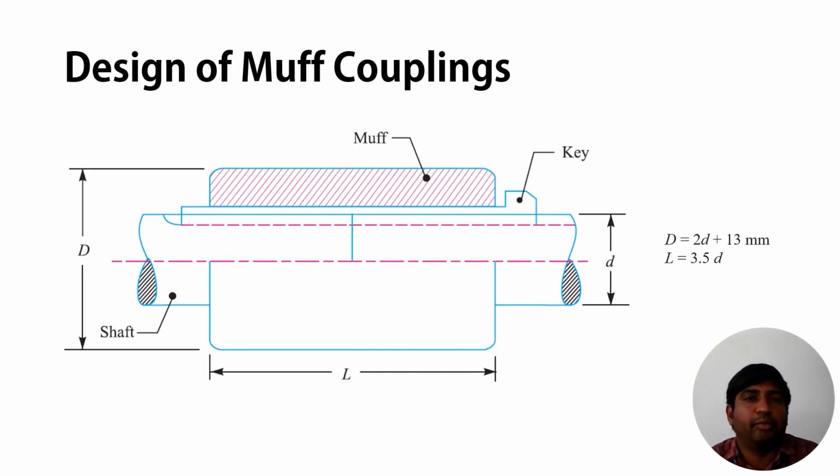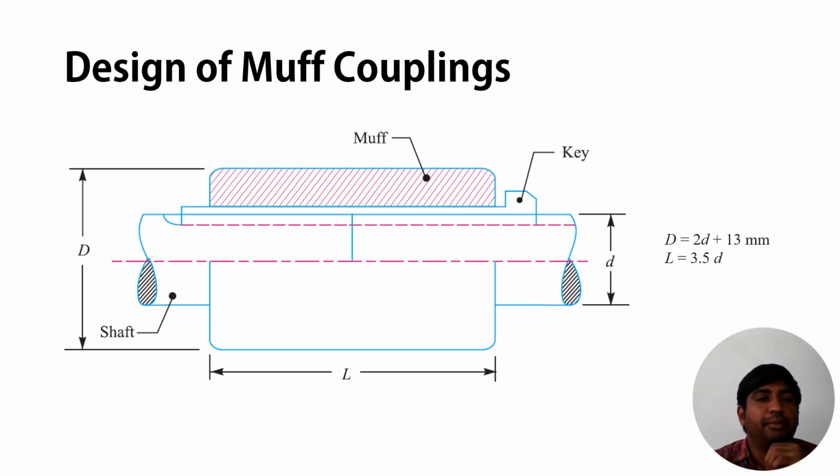In muff coupling, we have three mating parts. One is the muff, another one is the key, and another one is the shaft. The key is the important part to connect the shaft. Okay, we have some terminologies.